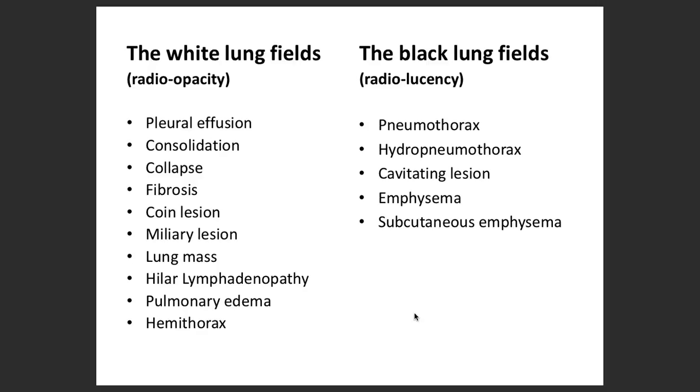Radiopacity is where you see pleural effusion, consolidation, collapse, fibrosis, medullary lesions, lymphadenopathy, or even pulmonary edema. The radiolucency is, for example, where the lung fields will appear pretty black. It can happen in conditions like pneumothorax, hydropneumothorax, emphysema, or even subcutaneous emphysema as well.